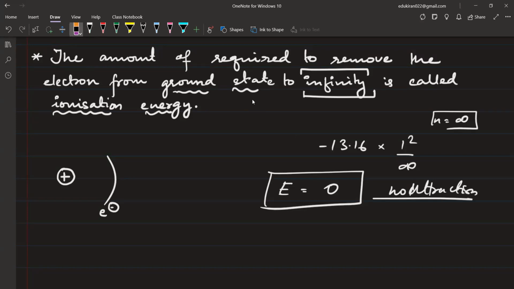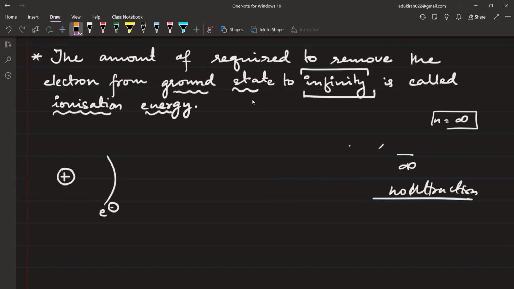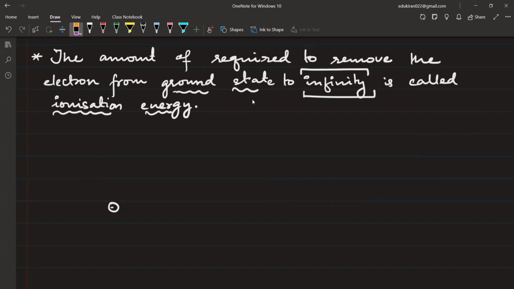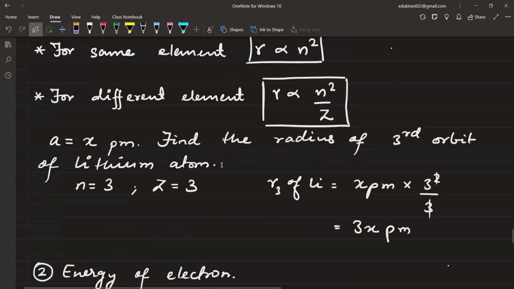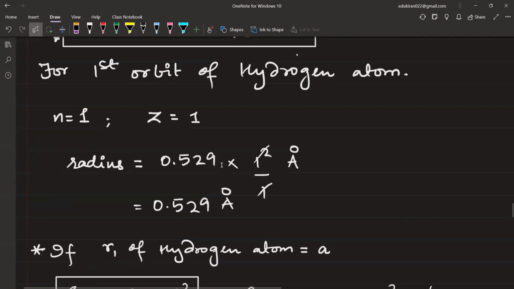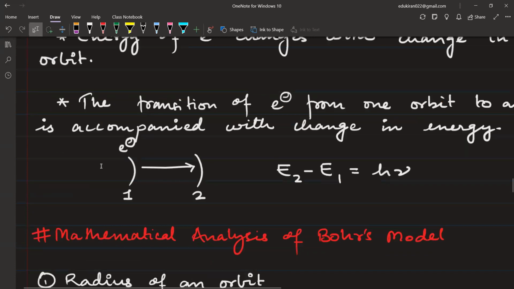That means दो स्टेट है. ध्यान दीजिएगा. The initial is E1 से E infinity जा रहा है. ठीक है, E1 से कहां जा रहा है? E infinity. अगर आपको याद है यहाँ पे हमने लिखा था ना. अगर 1 से 2 जा रहा है तो क्या होता है?